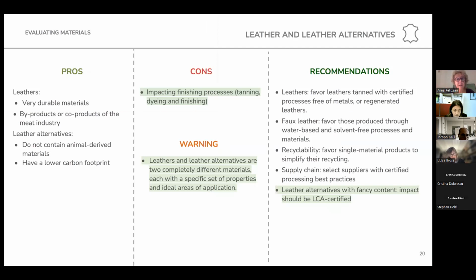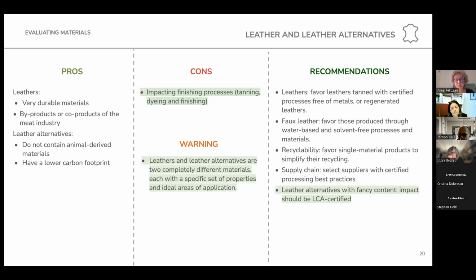Both of them are characterized by impacting finishing processes, both natural leathers with the tanning, and also leather alternatives that always need some types of finishing, of coloring, of dyeing, of transformation.